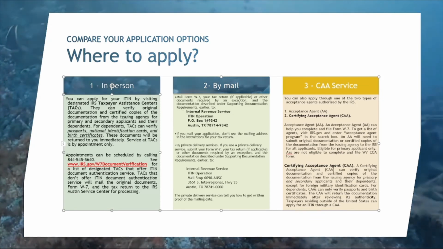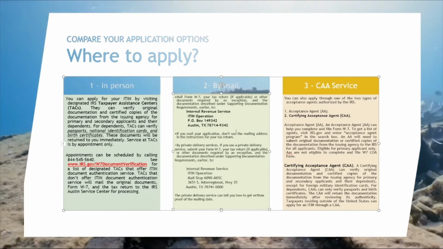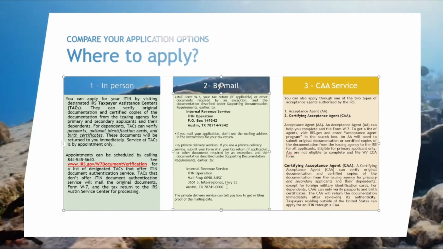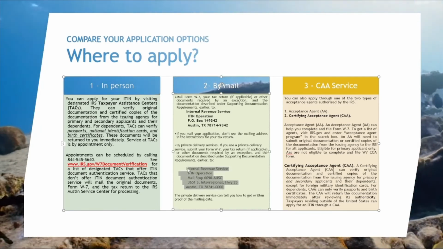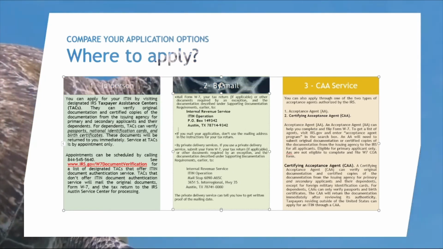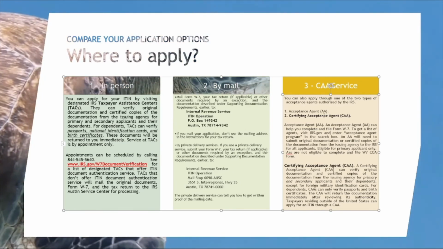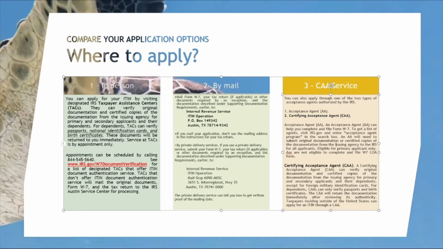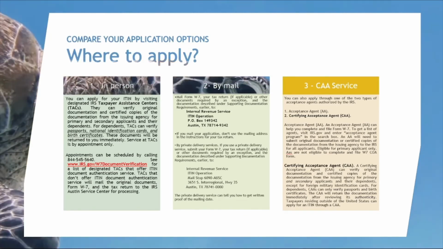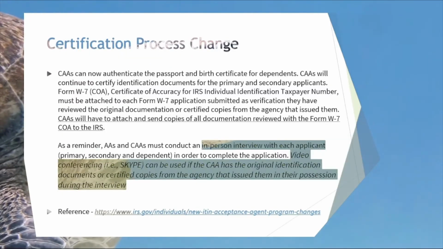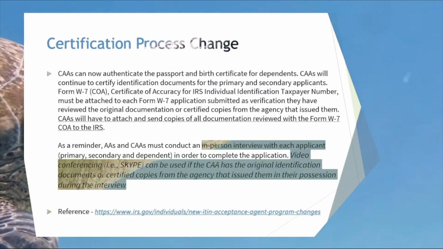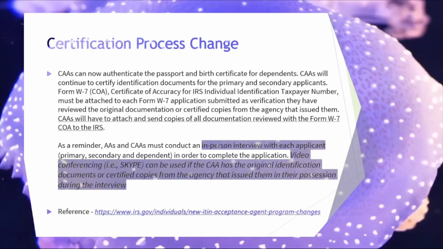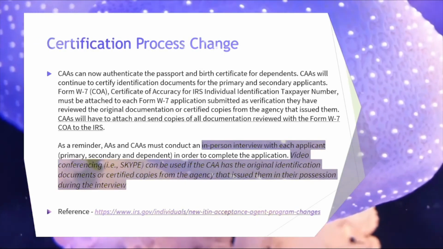You can send your documents by mail. For original documents, I recommend that you mail it out. And you can use a certifying acceptance agent, CAA, service. I have discussed this on another webisode. Please go to my playlist. This instruction will be there.